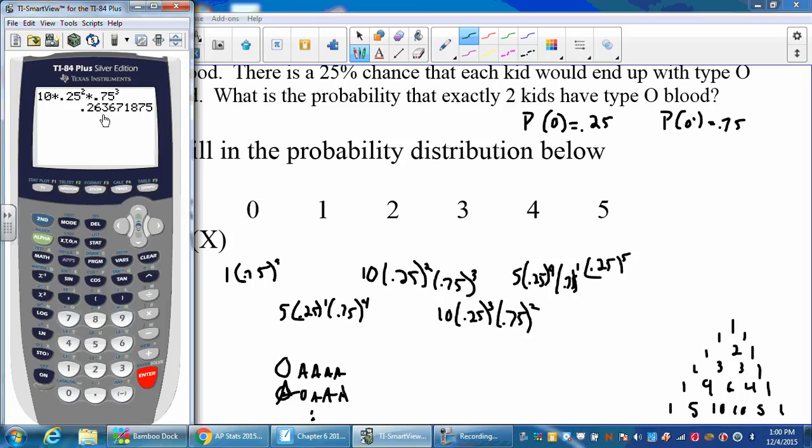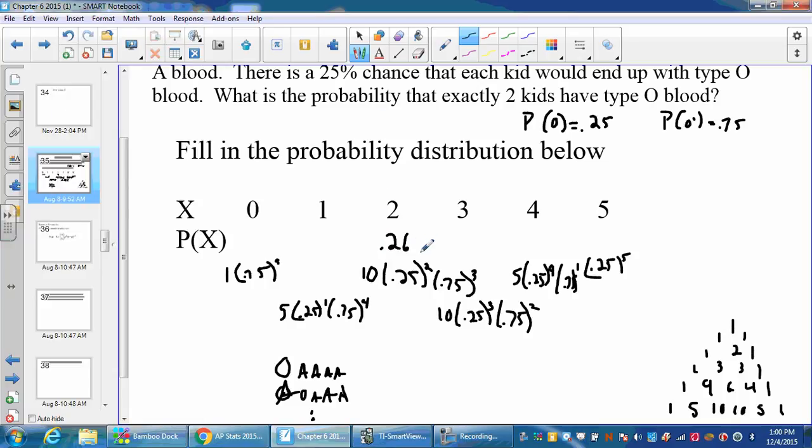Plug that in, and that's 0.2636. Let's just say about 26% of the time, or 0.26 probability, that they have exactly 2 kids out of their 5 with type O blood.